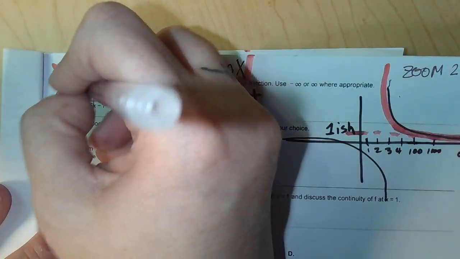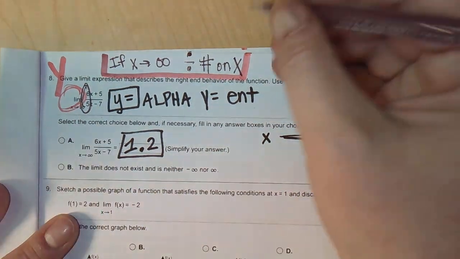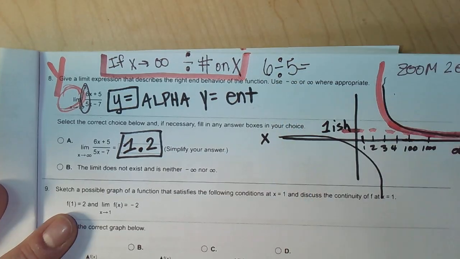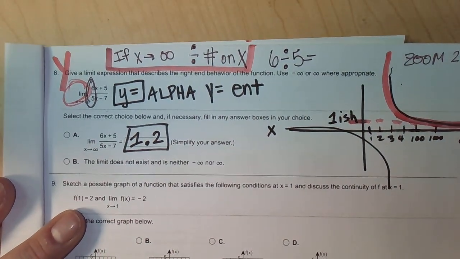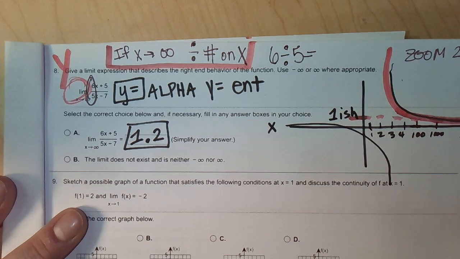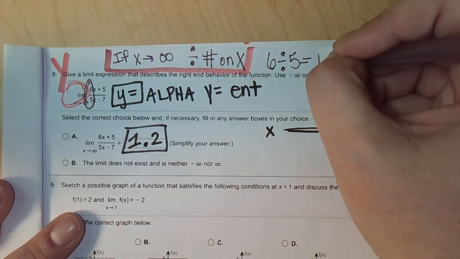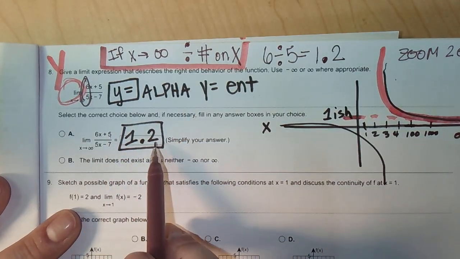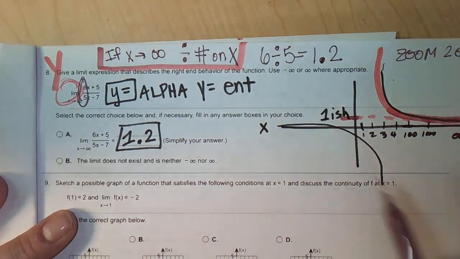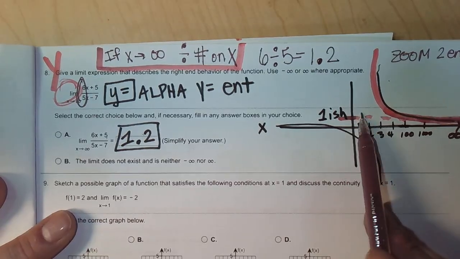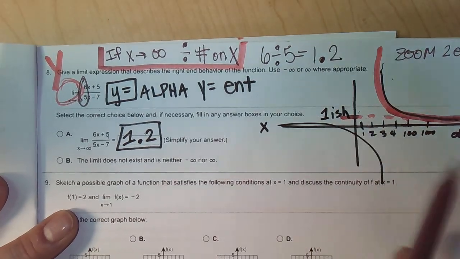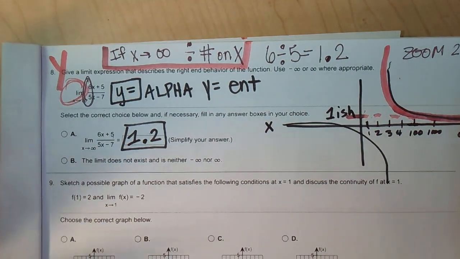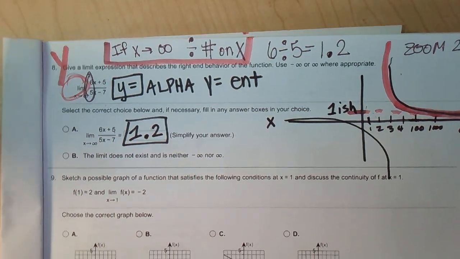So what numbers are on our x's? 6 and 5. So we say 6 divided by 5. Wow, it's 1.2. I was just guessing on that 1.2 earlier, so we were correct. We could either guess from the picture, or if you're not that great with the picture, we could just divide the numbers on the x's. It's kind of like we're finding the horizontal asymptote.